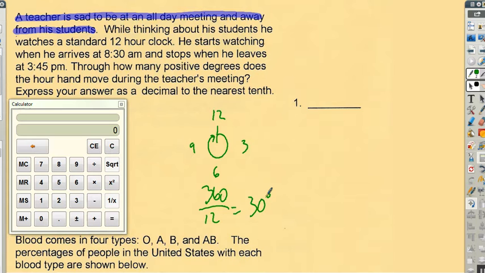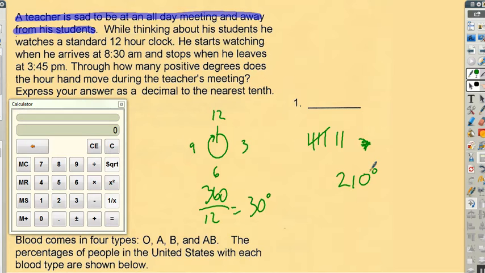So right away we know we have 8:30 to 9:30, 10:30, 11:30, 12:30, 1:30, 2:30, 3:30. And so right now we have 30 times 7, which is 210 degrees.